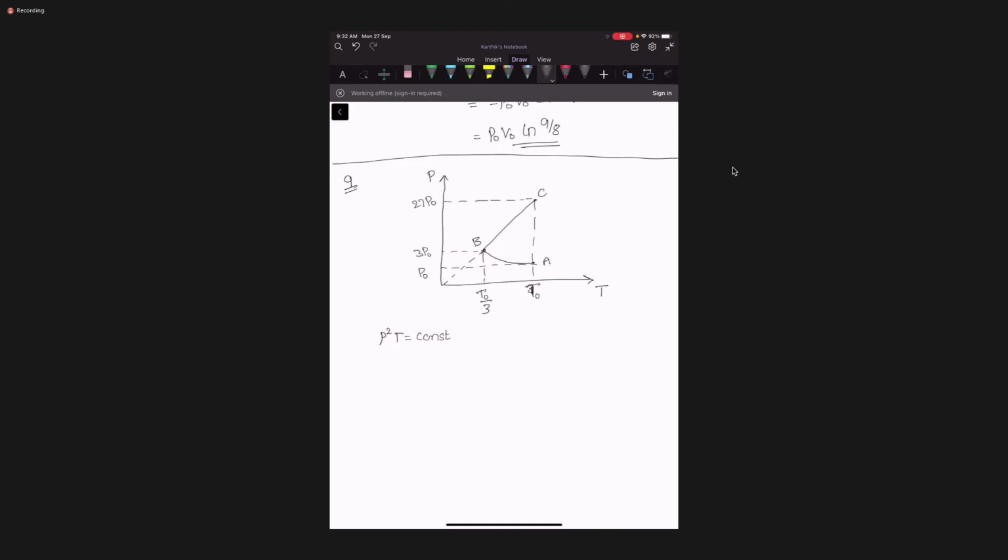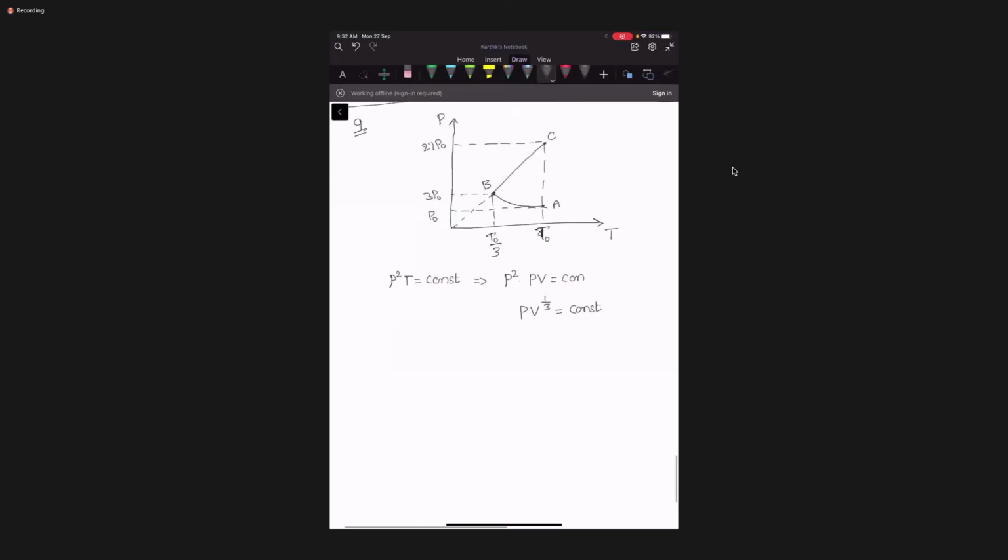See, from this, it's a polytropic process. So from here, P square into T is nothing but PV power 1 by 3 constant.